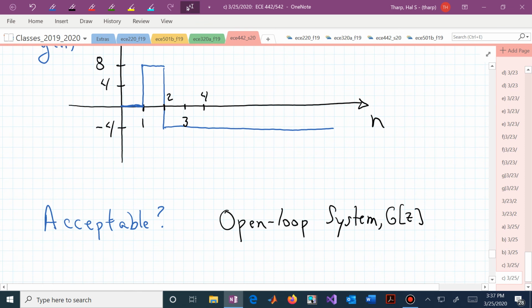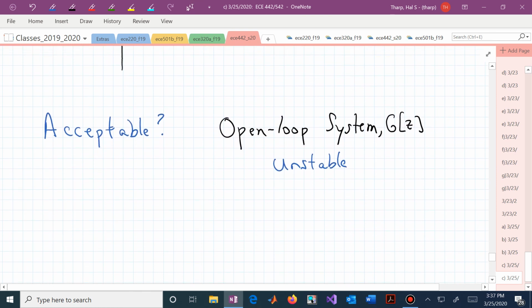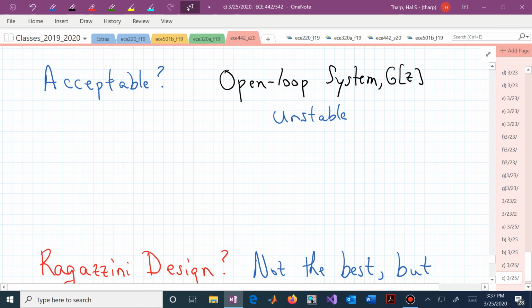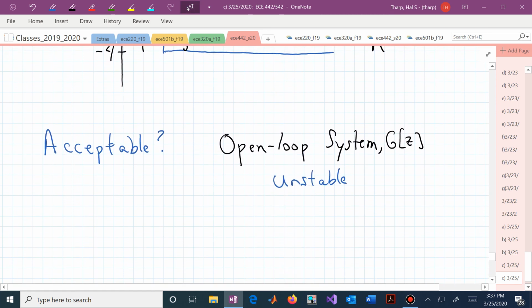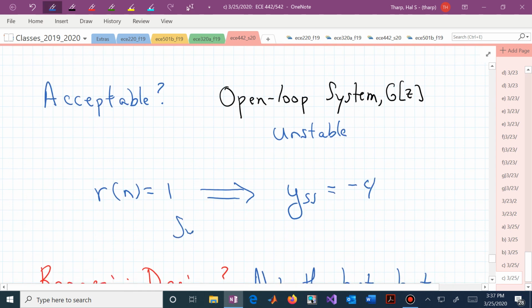Well, remember, our open loop system g of z was unstable, and now we've stabilized it. So it's probably not the best behavior. We input an r of n equal to 1, and we end up with y steady state being minus 4. So we've gone exactly in the opposite direction, but we have stabilized the system. And maybe I should say the closed loop system is stable.